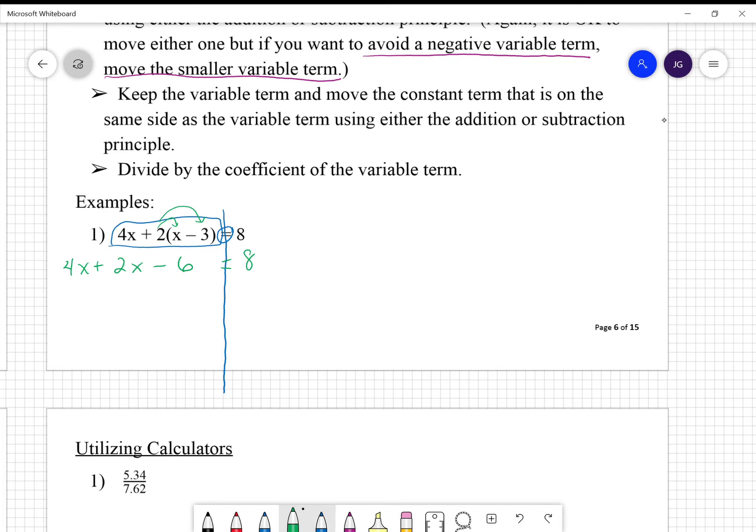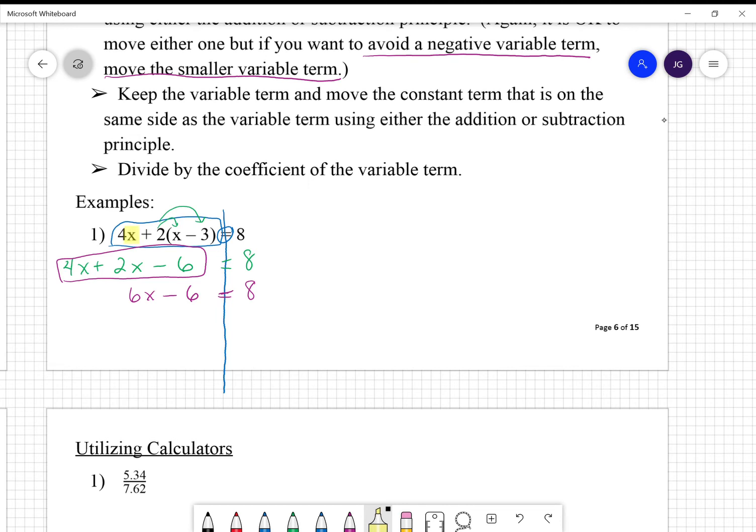Now when I look at the left side, let me do that in purple. There's still more work I can do. So before you start moving stuff, do everything you can. 4x plus 2x is 6x. I copy the 8 down. Okay.